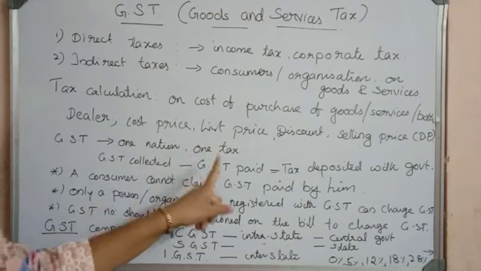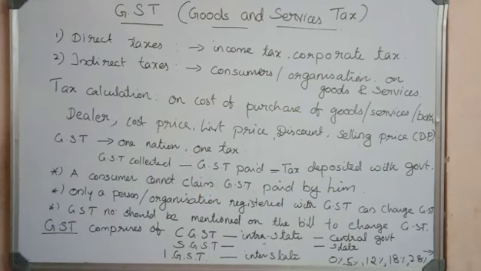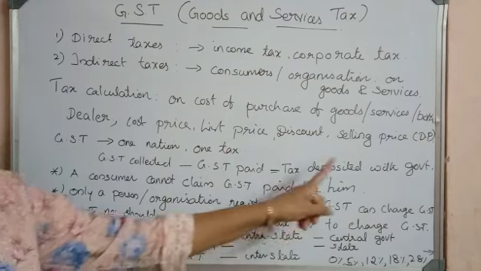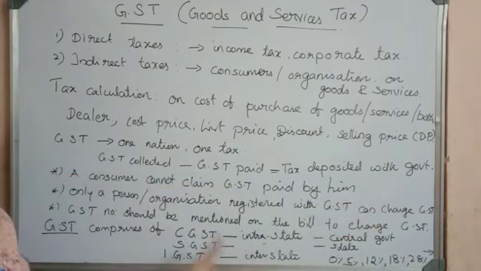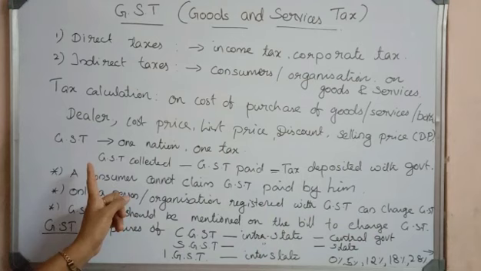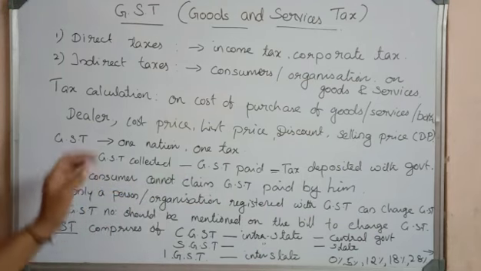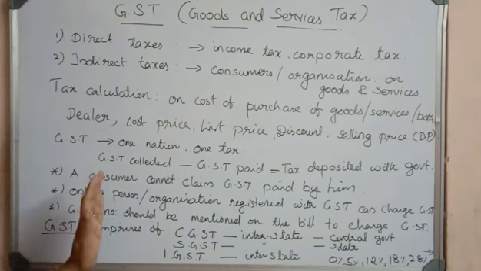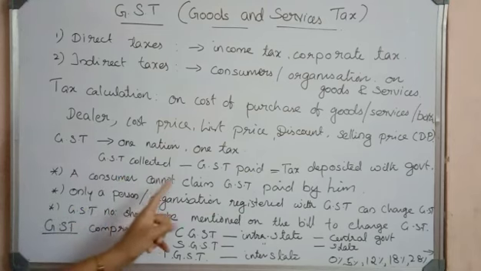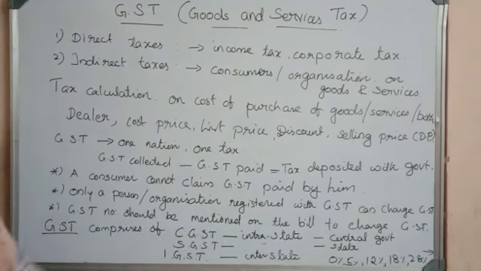One nation, one tax was the aim of the government in implementing GST, and the tax deposited with the government can be calculated as GST collected minus GST paid. There are a few points we need to remember about GST. A consumer cannot claim the GST paid by him.